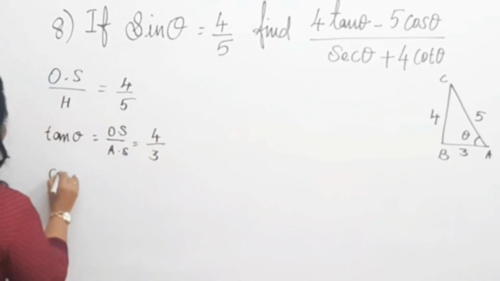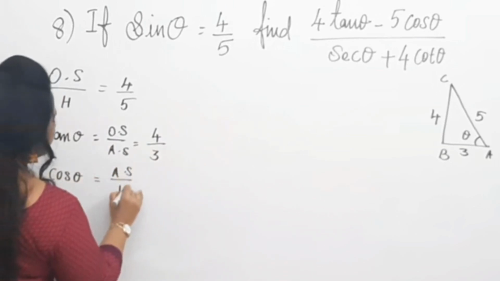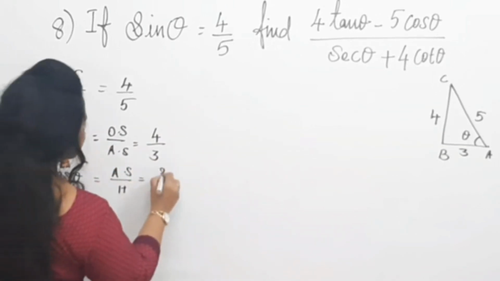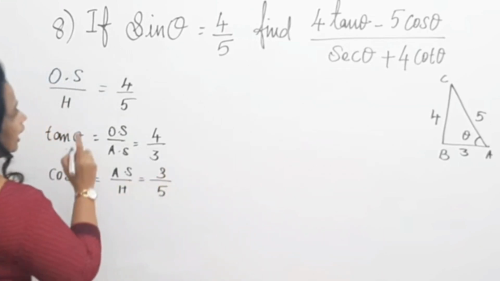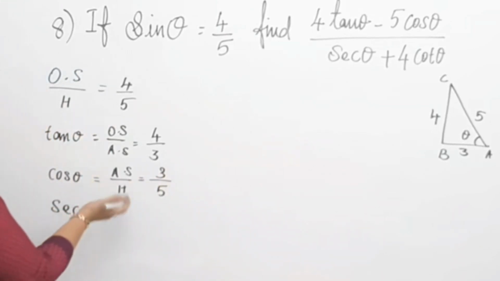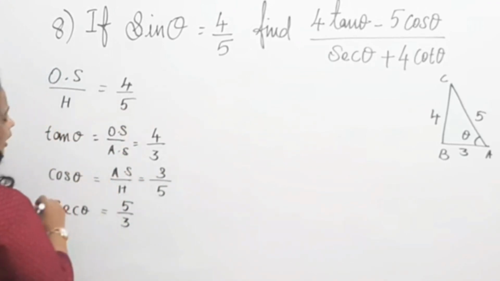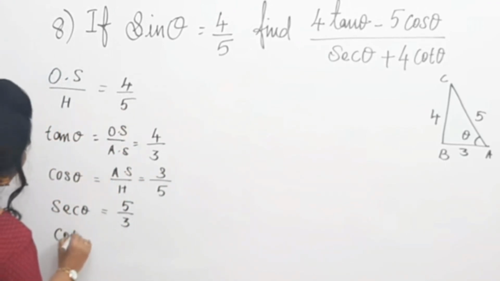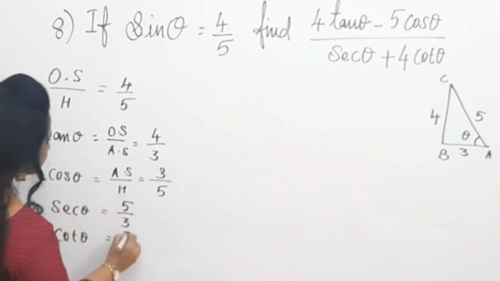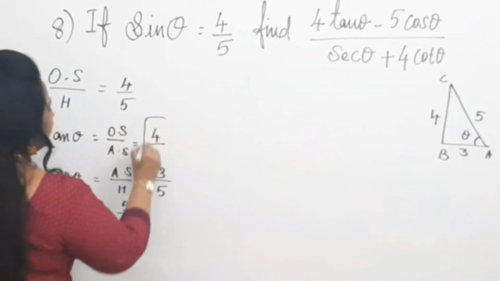And I want my cos theta. Cos theta is equal to adjacent side by the hypotenuse. Adjacent side is 3 divided by 5. And then I want sec theta. Sec theta is equal to 1 by cos, which is equal to 5 by 3. And my cot theta. Cot theta is 1 by tan, that is 3 by 4. So I got all my ratios here.